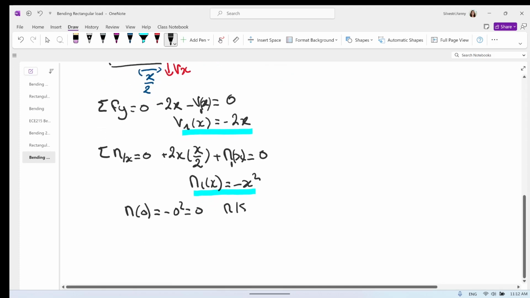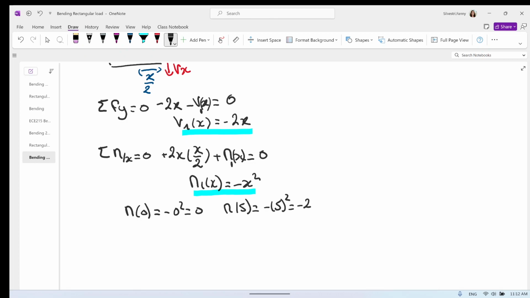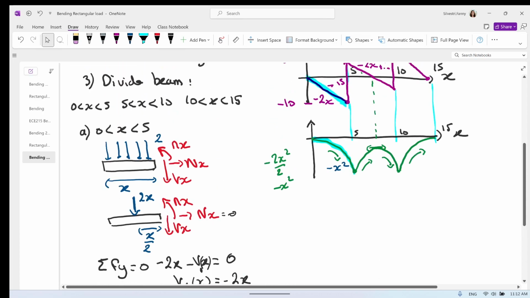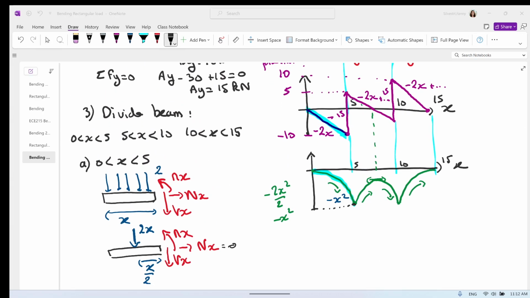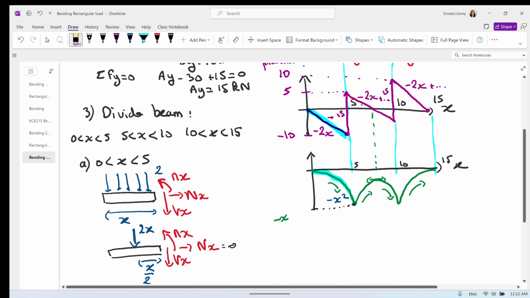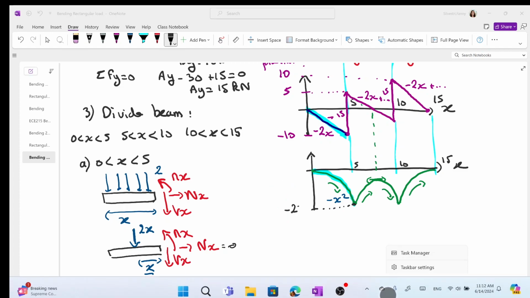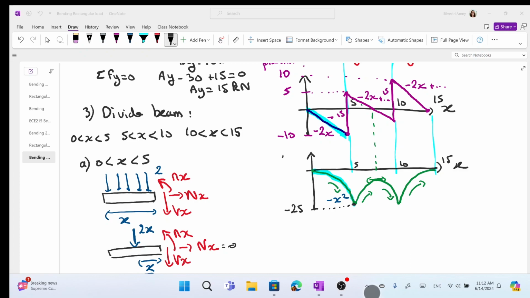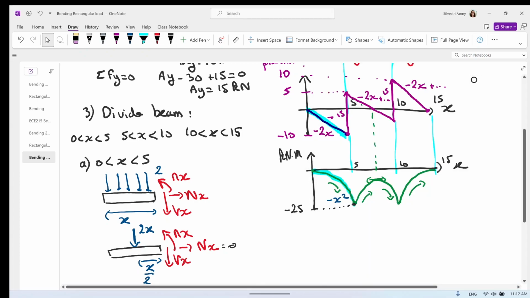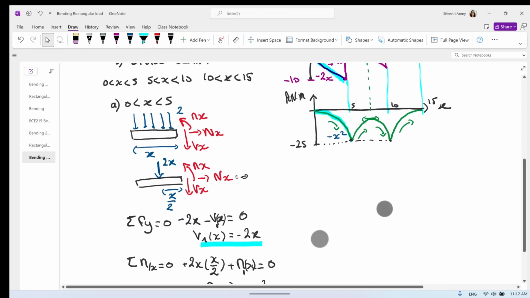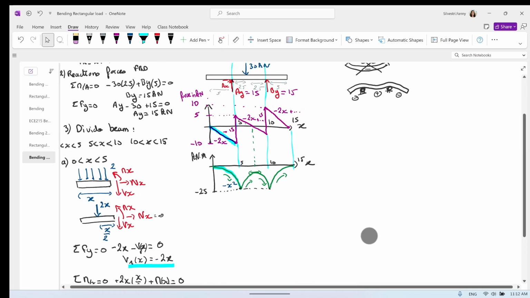And the moment at 5 equals minus 5 squared, so minus 25. So this value there is, oops, let me remove that. It's minus 25. Those values are kilonewton meters. Okay. So this is minus 25. That will be minus 25 there too. So this is from 0 to 5.